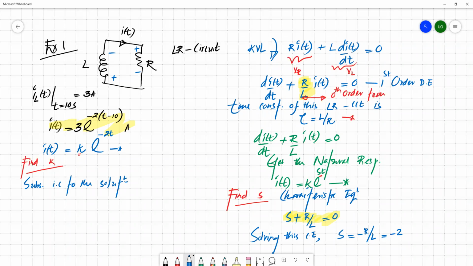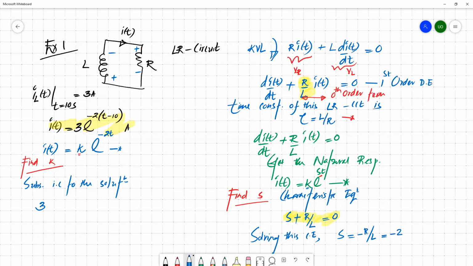So just substitute the initial condition into the solution we obtained. The initial condition, the current flow through the inductor, i(t) at t equals 10 seconds is equal to 3 ampere. So we can just substitute 3 ampere here.